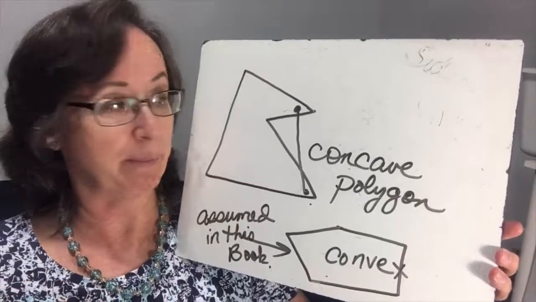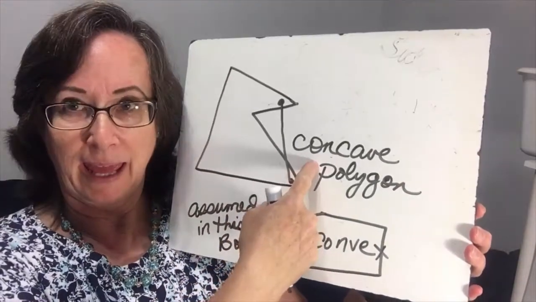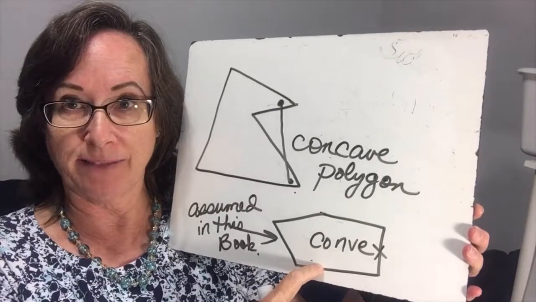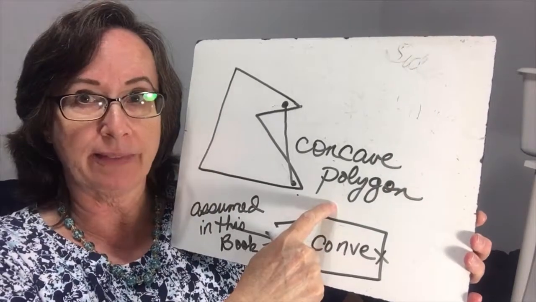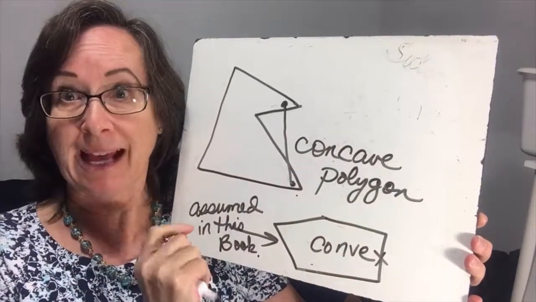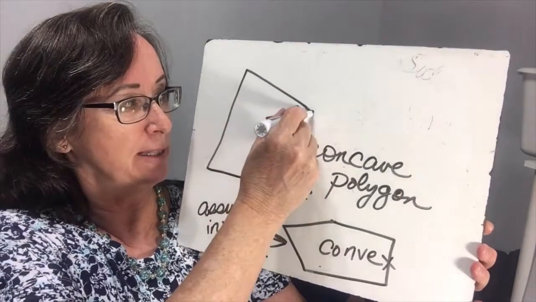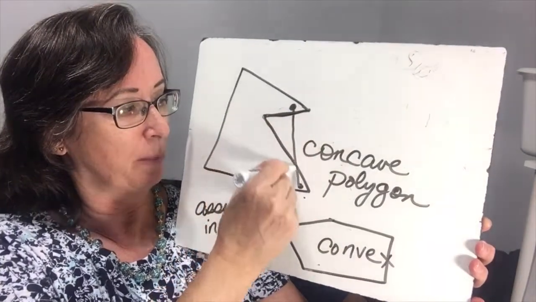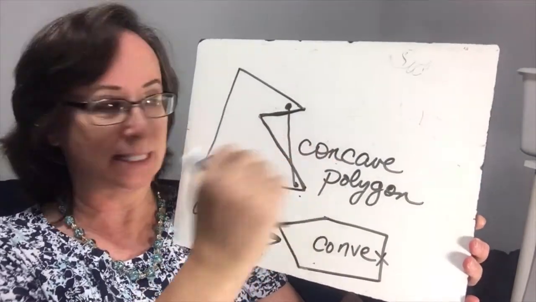Two more vocabulary words: concave and convex. A polygon that is concave has a cave in it. Okay, can you see here where the polygon goes in on itself?